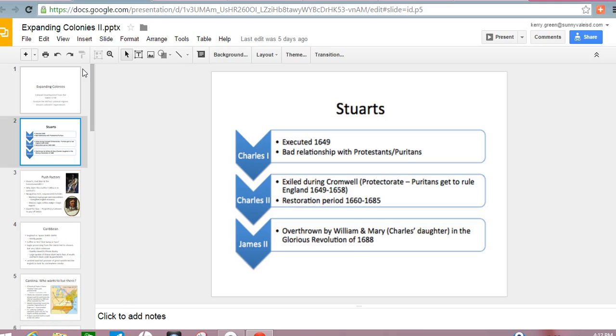And so the restoration is putting the monarchy back in place, the Stuarts back on the throne, and it's that whole process. And then later, Charles II will be replaced by his son James II, who again alienates Parliament and is very Catholic and doesn't get along with anybody. And he will actually be overthrown by his sister, who is married to William of Orange, who is from the Dutch area, a Dutch Germanic Protestant region.